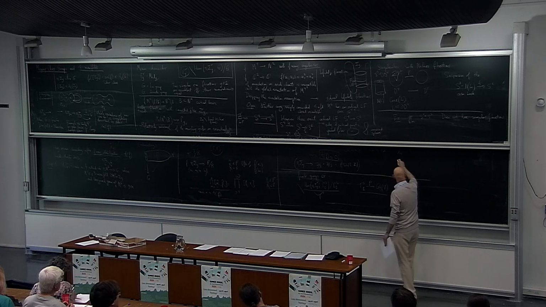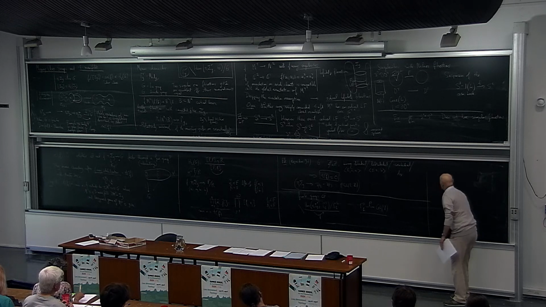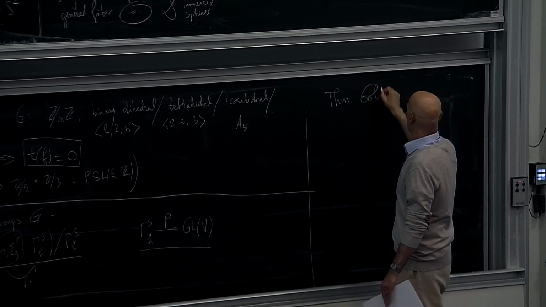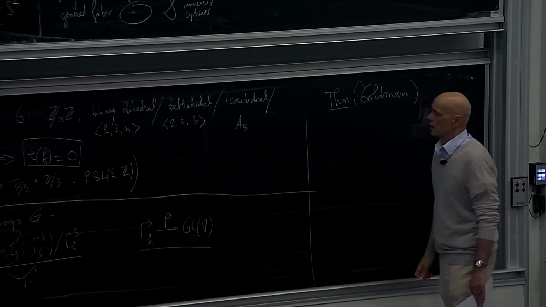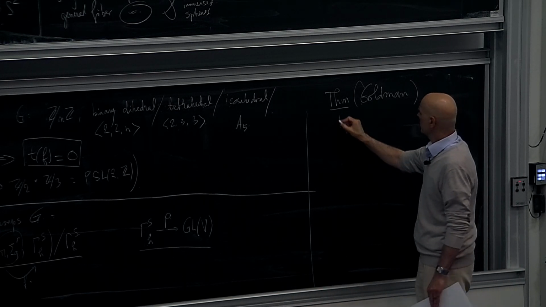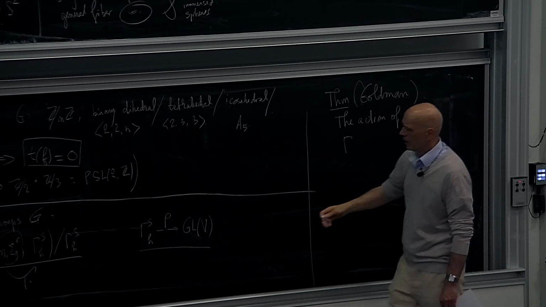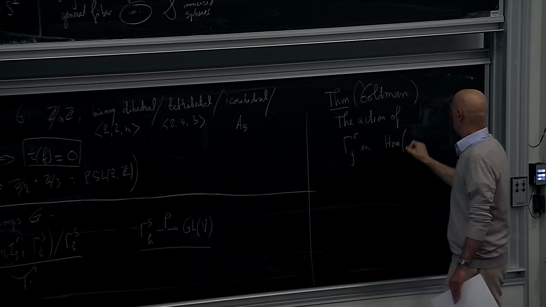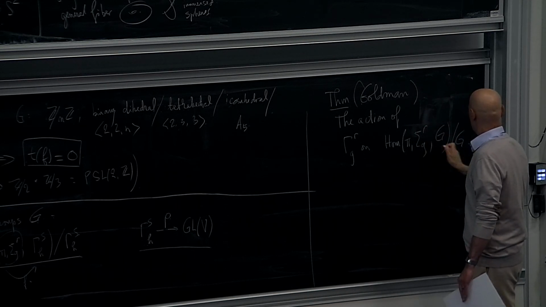And now I recall to you a very beautiful theorem by Bill Goldman in the beginning of this century, showing that such a path might be led to a dead end: the action of the mapping class group Γ_g on Hom(π_1(Σ_g), G), and here I'm taking G a compact Lie group.